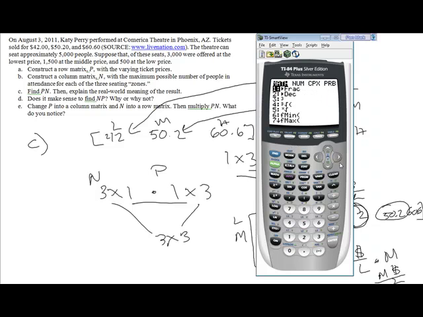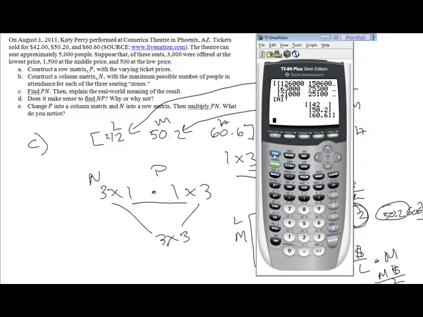So I can come over here to second matrix, math, and use this little T button, which looks like an exponent. What that stands for is transpose. So it's going to basically invert the matrix so that now it's a column matrix. So what I'm being asked to do is to take P times N when I've inverted both of them.